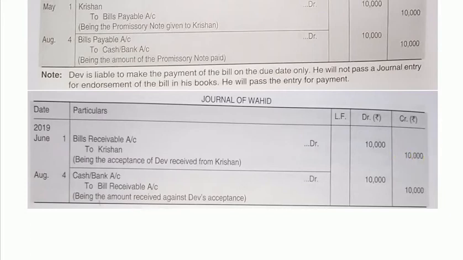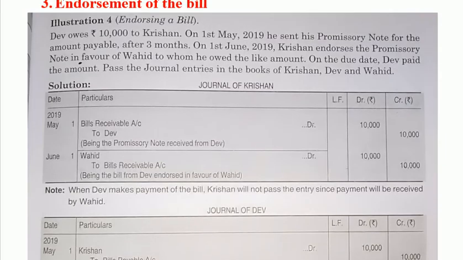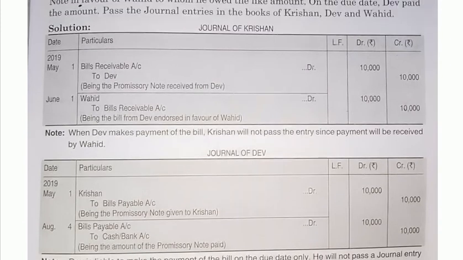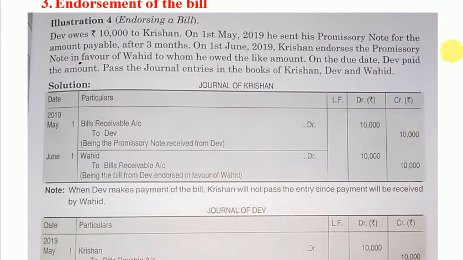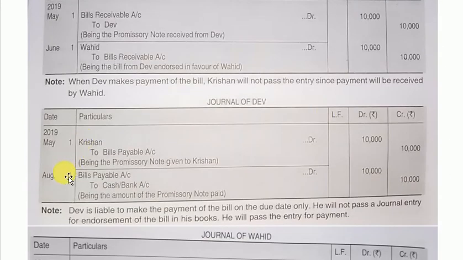Now we'll go to the date of maturity. The drawee Dev will be paying the amount of the bill. So this line says on the due date, Dev paid the amount. This is known as bill honored. Now let us go into the book of Dev on the date of maturity, which is August 4.